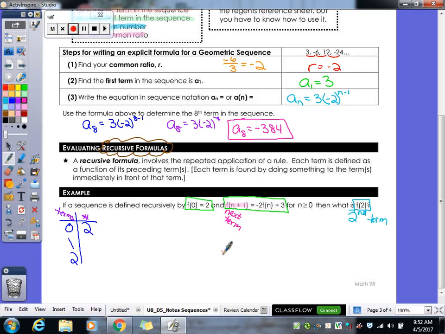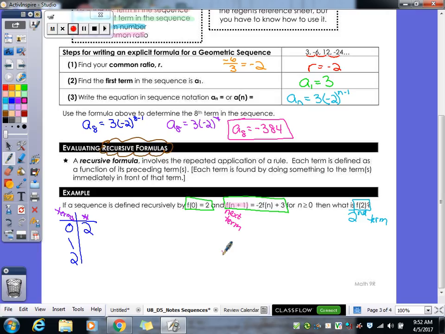Whenever they have it written like that, f of n plus 1, they're telling you your next term. So if I have term 0, what would be my next term? 1. My next term would be term 1. I have term 0. My next term is term 1. So that's the next one I need to find.